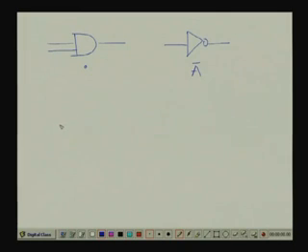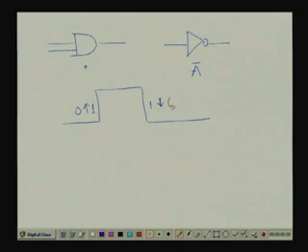Now, ideal switching means, say, here it is a 0 to 1 switch, here it is a 1 to 0 switch.